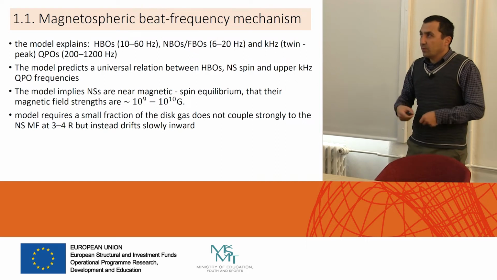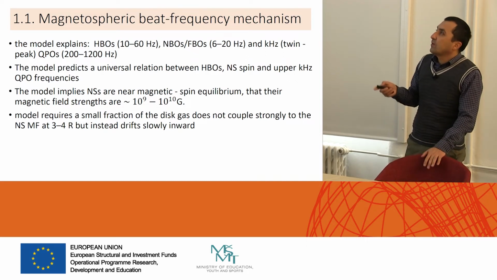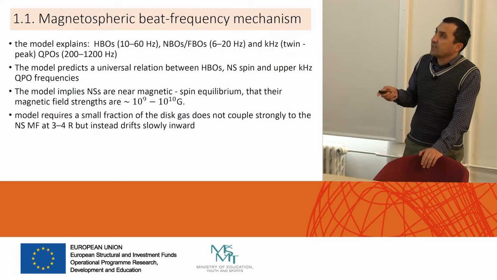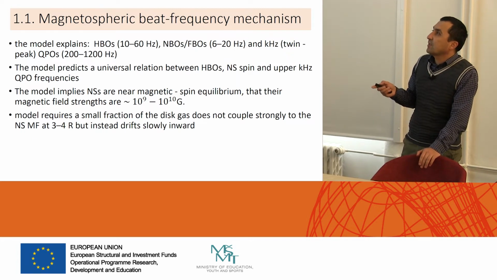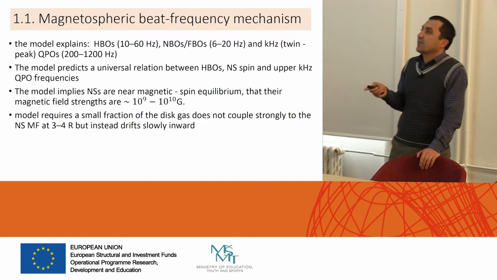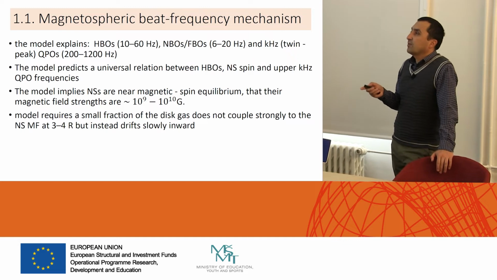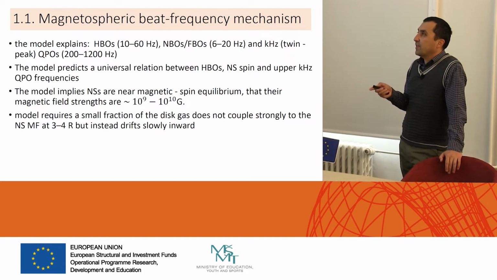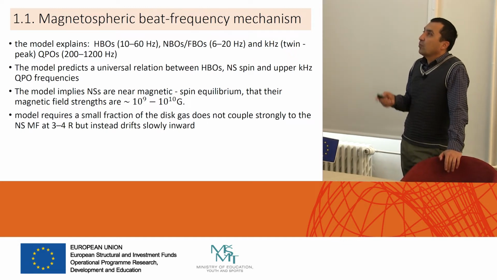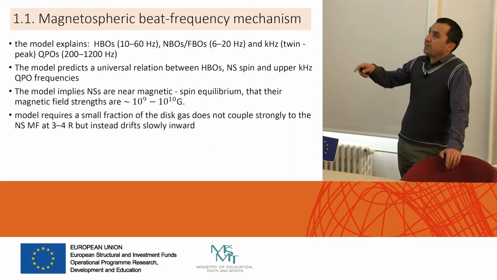This model can explain neutron stars with magnetic fields of about 10 to the power 9 and 10 to the power 10 when the spin and the magnetic field are in equilibrium.